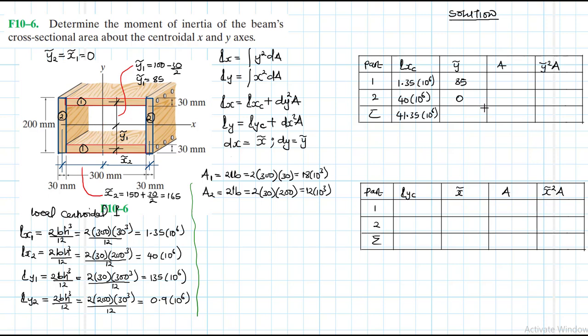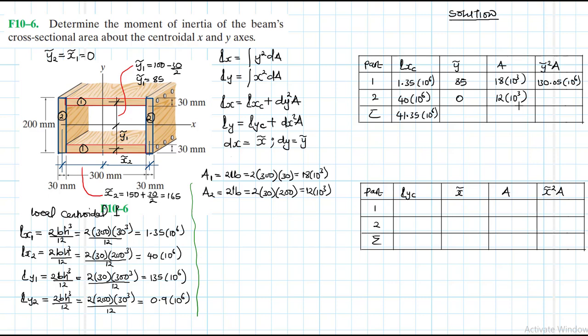And then for area, we said area 1 is 18 times 10 to the power 3, and area 2 is 12 times 10 to the power 3. Then the product: 85 squared times 18 gives me 130.05 times 10 to the power 6.